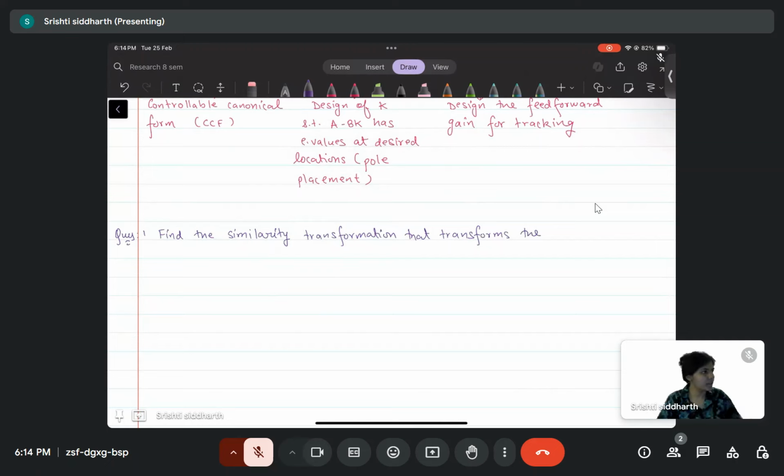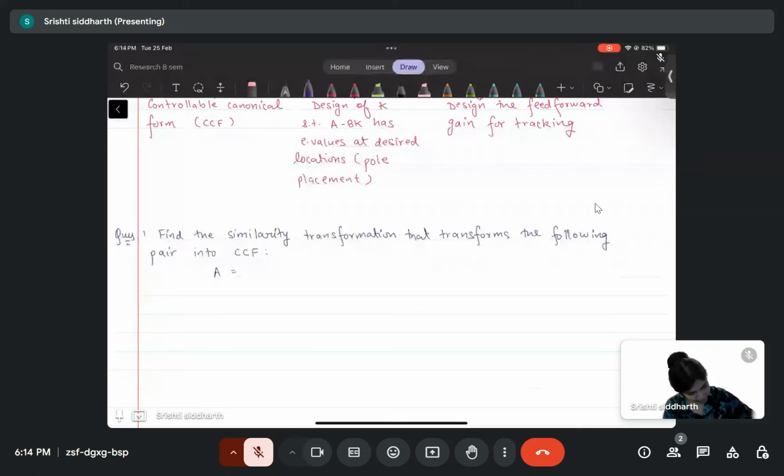A and B matrices are: A is 6, 4, 1, minus 4, minus 5, minus 4, 0, 0, minus 3, minus 1, and B is 1, 0, 0.